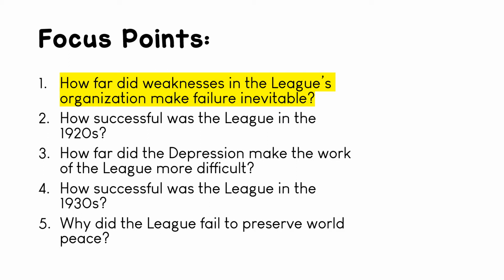Then the third one looks at the impact of the Depression on the League of Nations. The fourth one looks at different case studies in the 1930s, again, to try to understand if they were successes or failures. And finally, the fifth focus point is the one where we're going to try to understand why the League of Nations did not reach its goal to preserve world peace.